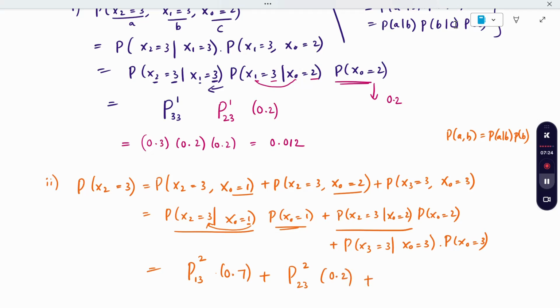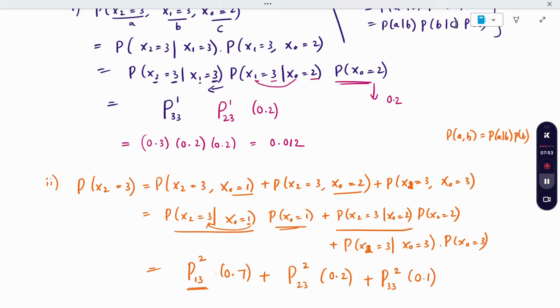Same way P33 power 2. I have written x3 wrongly here, correction: x2 equal to 3. The starting I have written correctly. So P33 power 2, with initial probability 0.1, given in the question.